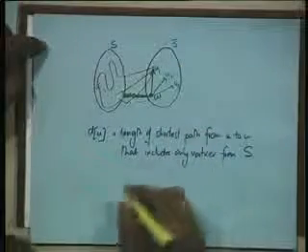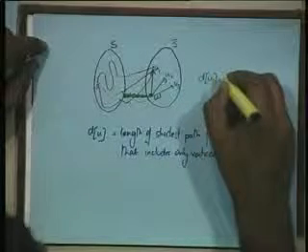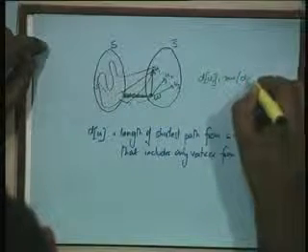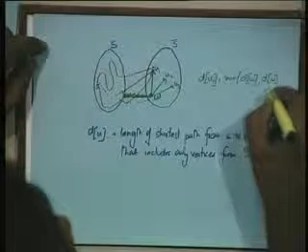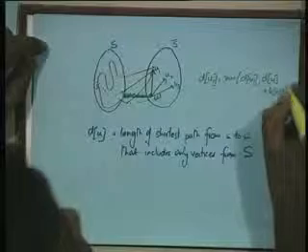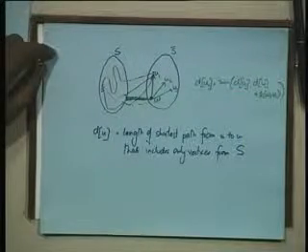So, we are going to update u1 to D of u1 equals minimum of D of u1 comma D of W plus L of W comma u1. Yes, this is how we are going to update.